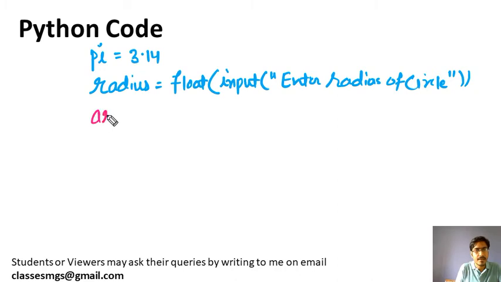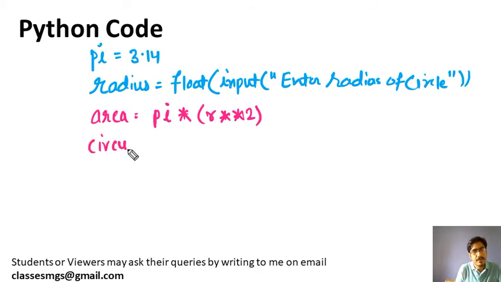Then we will apply the formula, calculating the area equals to pi into r double star 2, and in the same way we will have the circumference equals to 2 into pi into r.